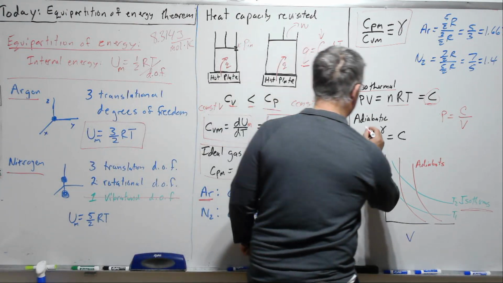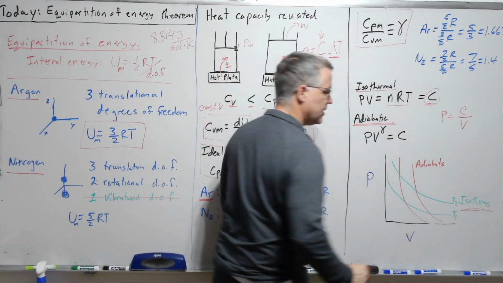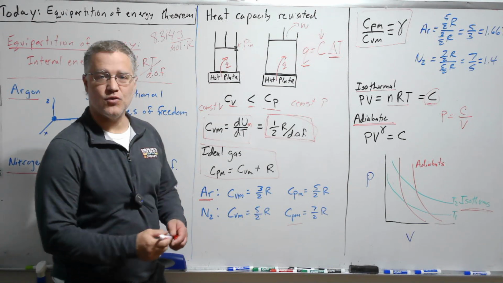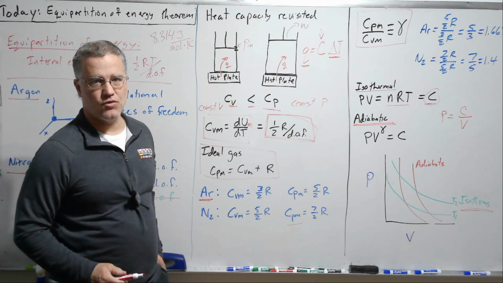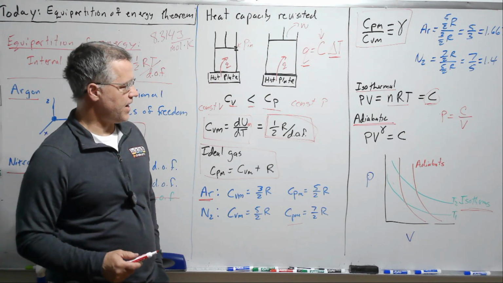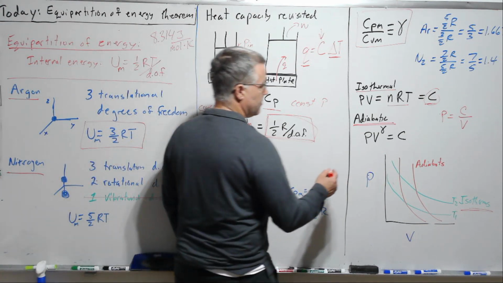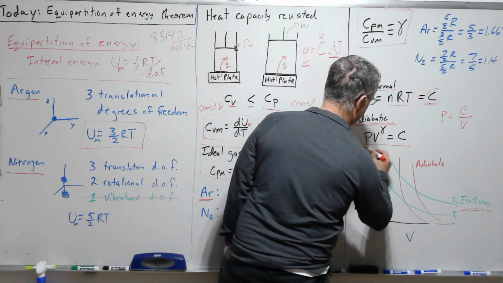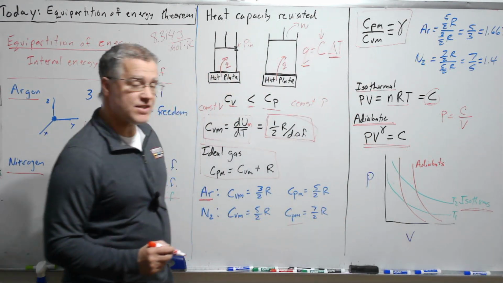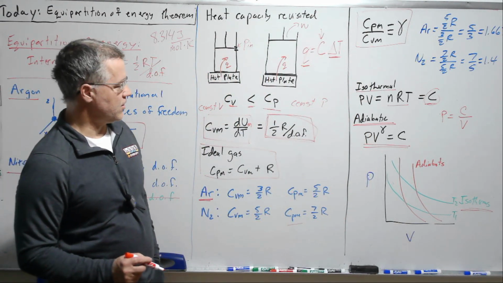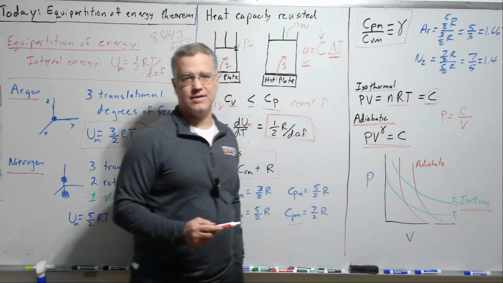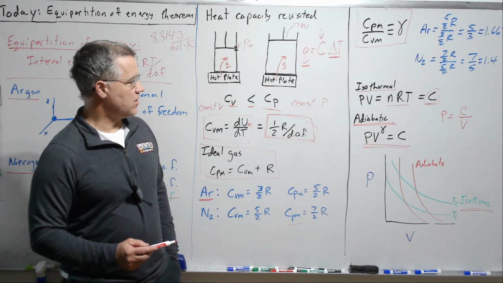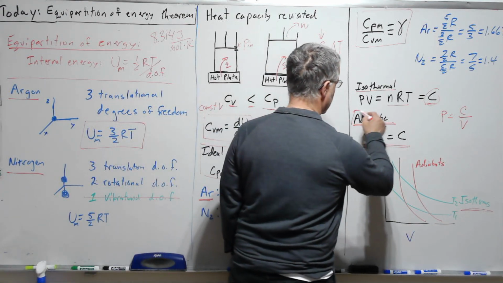Well, it turns out, and we won't go into deriving this, we'll have to wait till a higher level course in our curriculum. Once we have a full course on thermodynamics, we'll see where this comes from. But we'll just pull it out here for this general course, and that is that we have a slightly different PV behavior. We have P times V to the gamma is a constant if we're under adiabatic conditions.